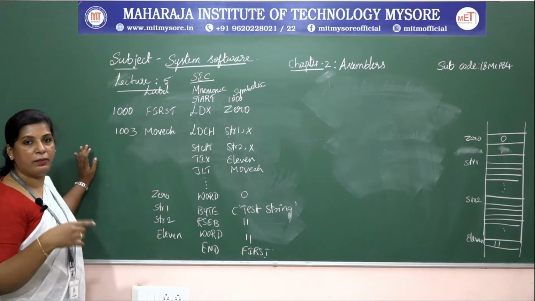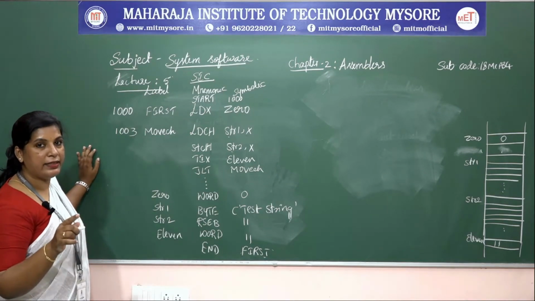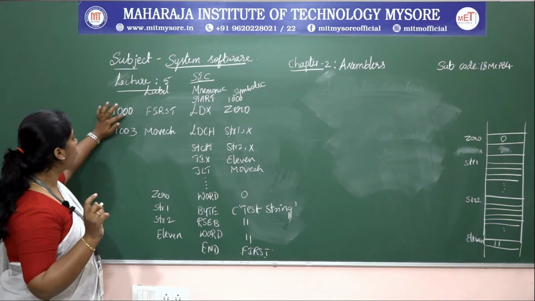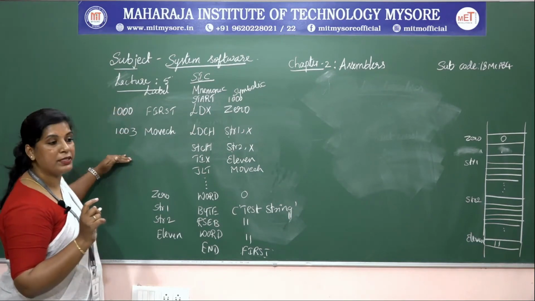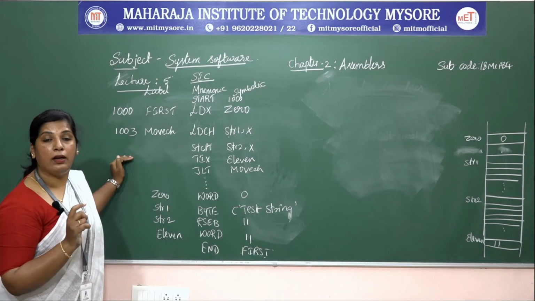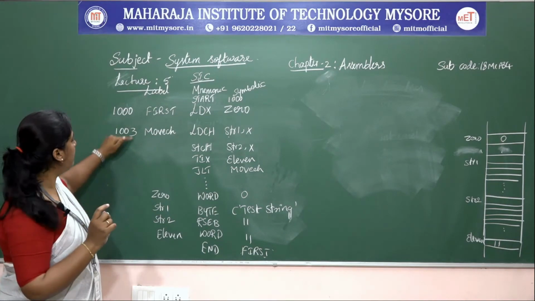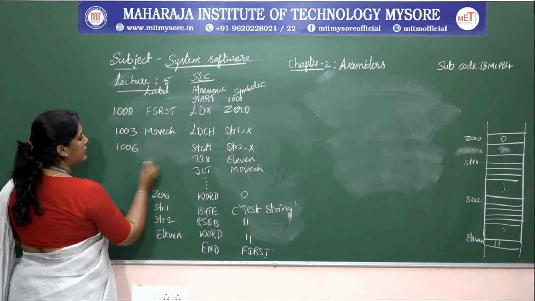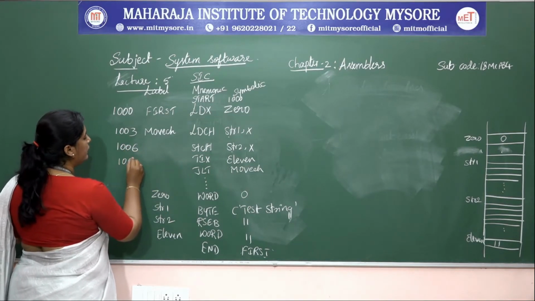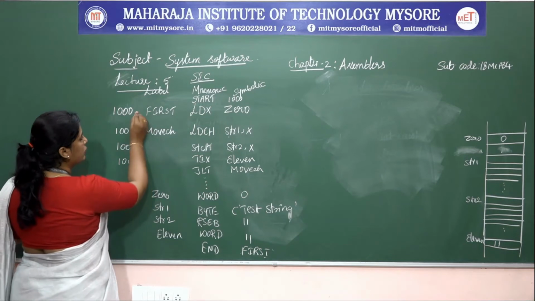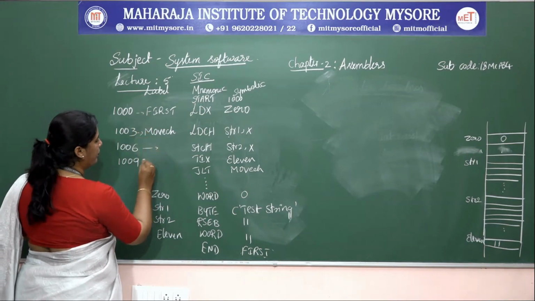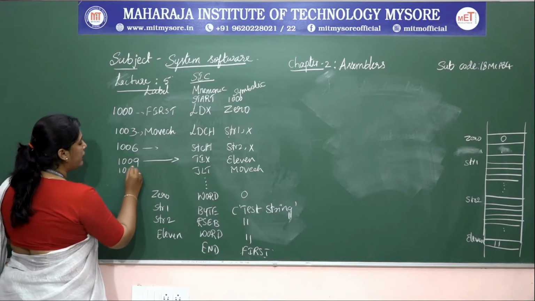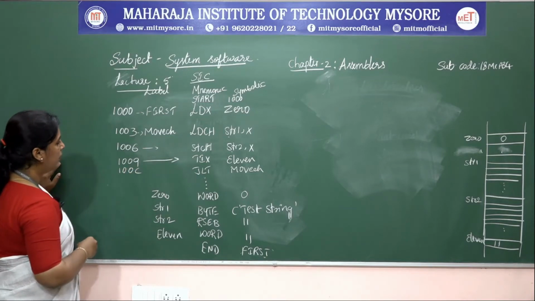Every time it has to be incremented by 3 because the instruction length is 3 bytes. These are represented in hexadecimal, so plus 3 gives 1006 for the next instruction, 1009 for the next, and then plus 3 means 12, which is 100C.